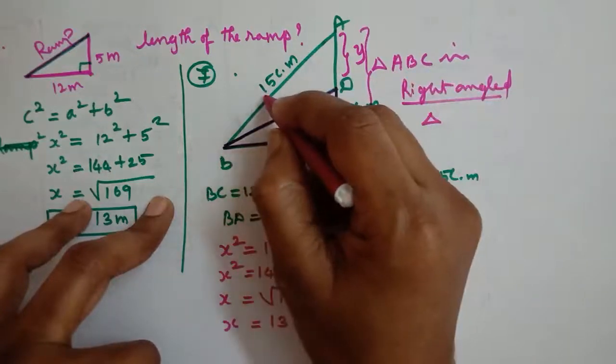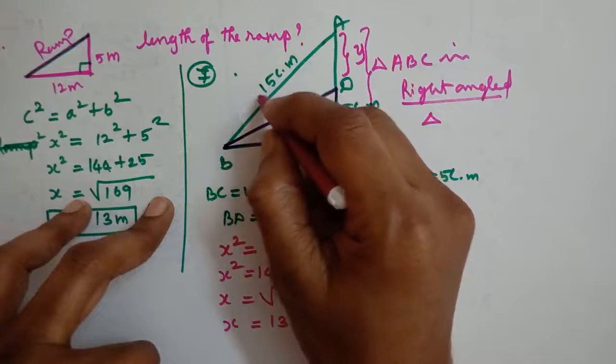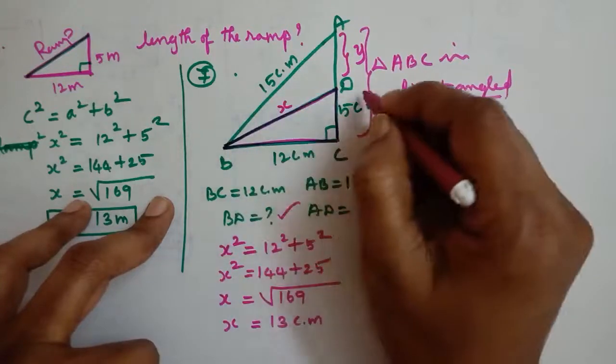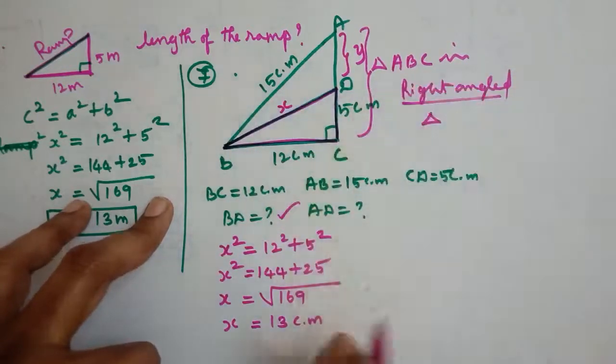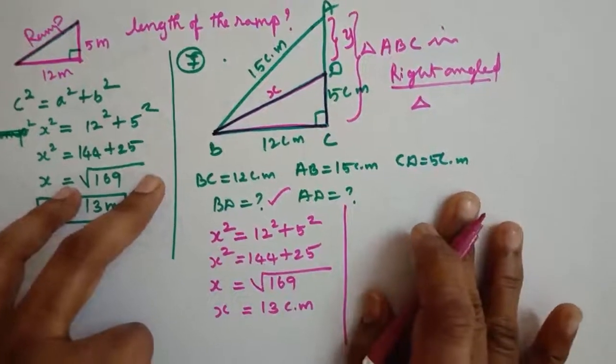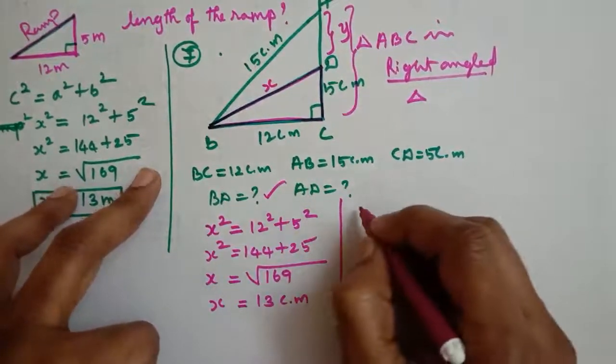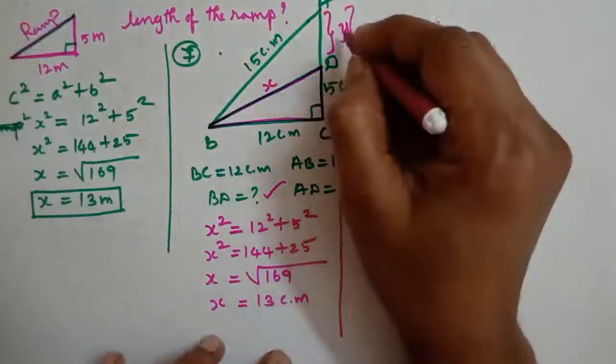Here this is the hypotenuse, so hypotenuse squared minus base squared is equal to perpendicular side squared. Is it clear? So students, listen, to find AD we first take AC.